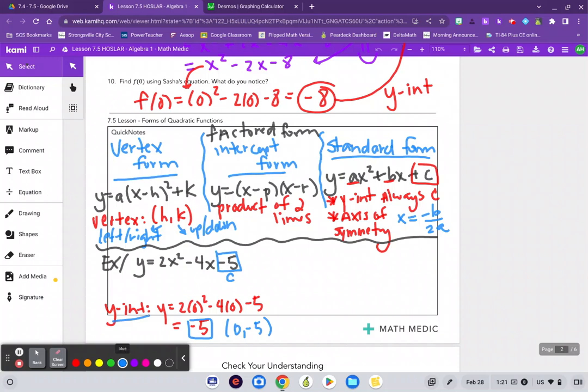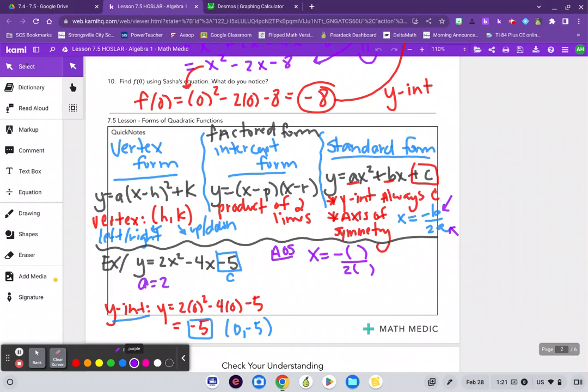The other thing is if I want to find the axis of symmetry or the vertex, we're going to do both of those. I'm going to say AOS for axis of symmetry. Is this x equals negative b, in parentheses, over 2a, in parentheses, which means I need to know what the b and the a are. And so again, the a is the coefficient of the x squared.